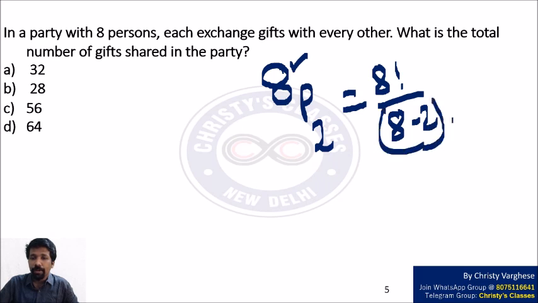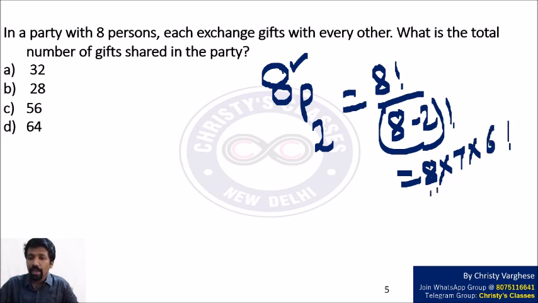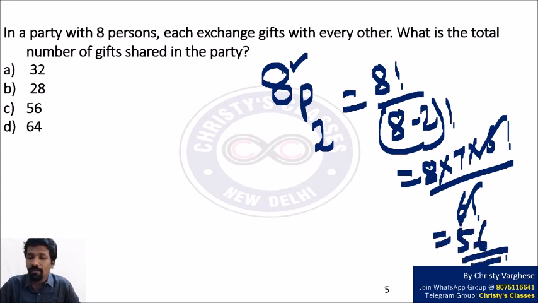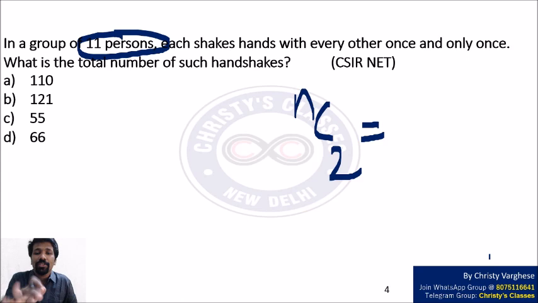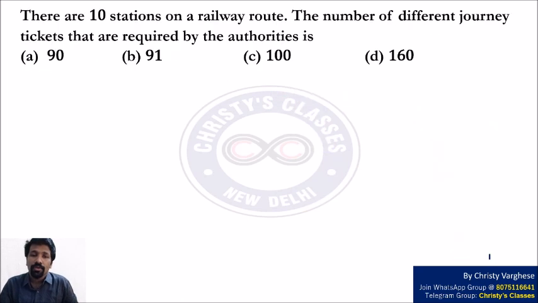That is permutation. 8 factorial is 8 into 7 into 6 factorial and the bottom part is 6 factorial itself. 6 factorial cancels, you will get the same 56. When ordering matters, you have to use permutation. When ordering does not matter, you can use combination, like in the handshake problem. So I hope all of you understood that.